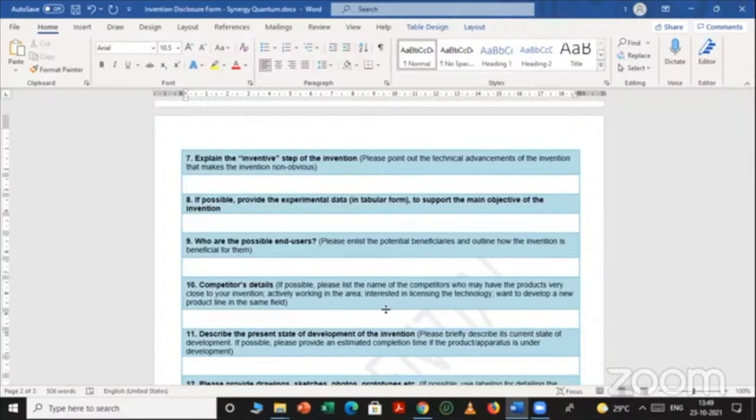It helps the attorney to write your invention in a more descriptive way, considering broad embodiments. So you have to list out all the potential users or beneficiaries who will use that invention, and it will be good if you describe how those users will use it.